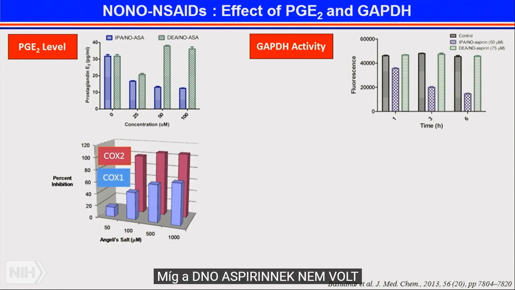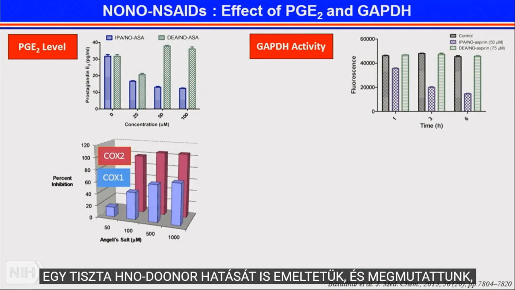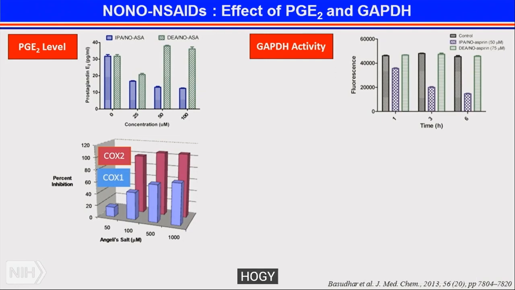While part of this effect is for sure from the aspirin moiety, we have also looked at the effect of Angeli's salt, which is a pure HNO donor, and we have shown that it can inhibit COX-2.